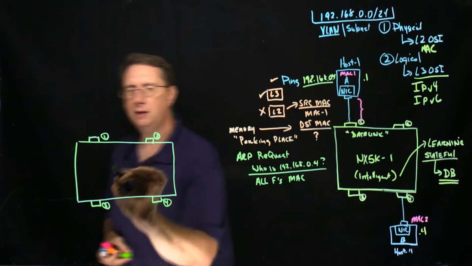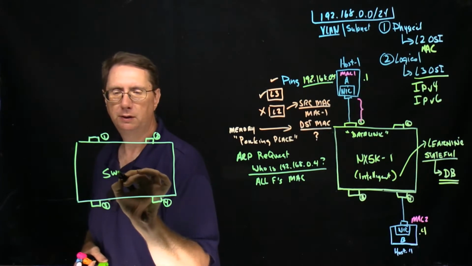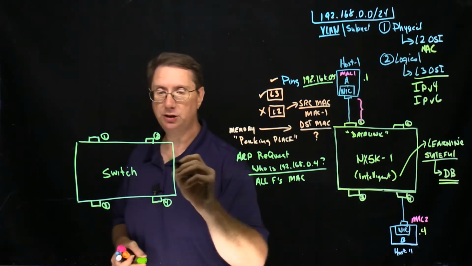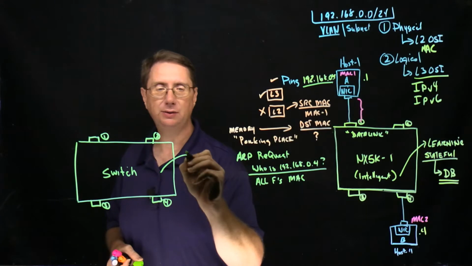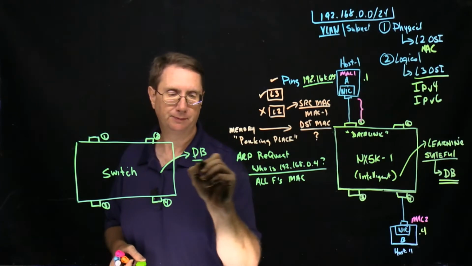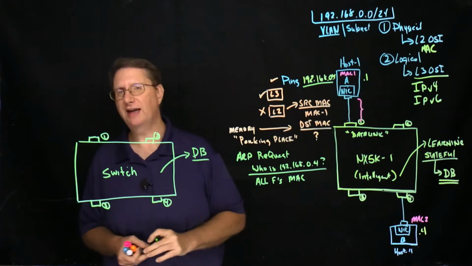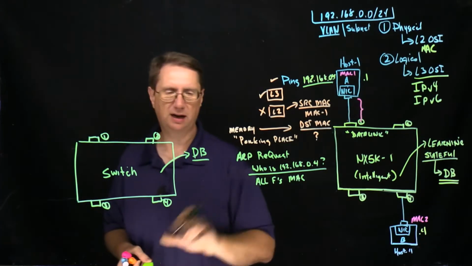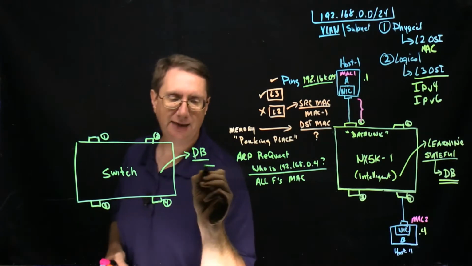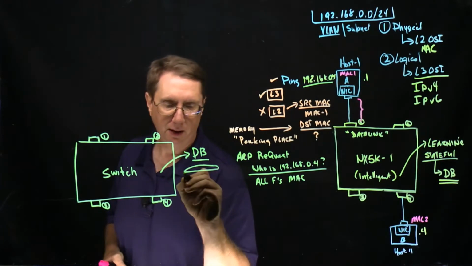Now, this is my switch. And we said that this switch had integrated into it a database. Now, we'll give that database a name here shortly. It's got a couple of names. But right now, just understand that it's there. So it's a database of information.